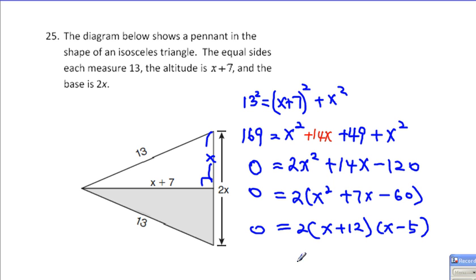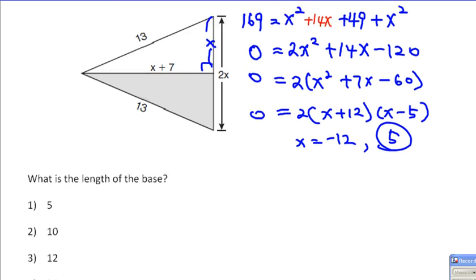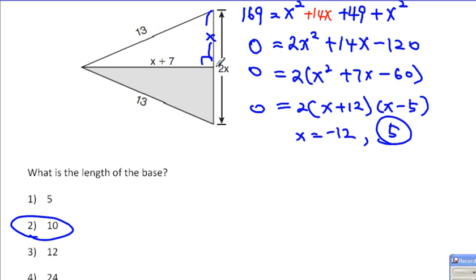So this tells us that x can be either negative 12, which cannot be because the length of a side cannot be negative, or 5. So therefore 5 would have been our answer. Now, given that, what is the length of the base? Base will be, since it's 2x, 10.